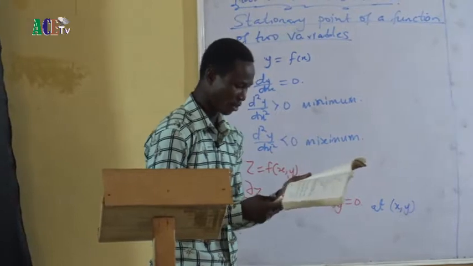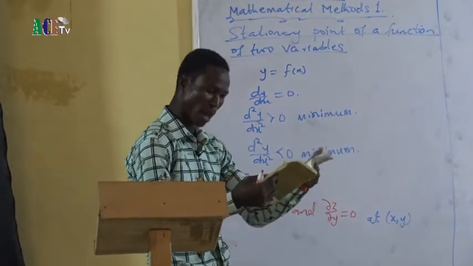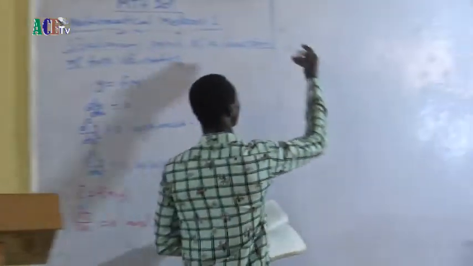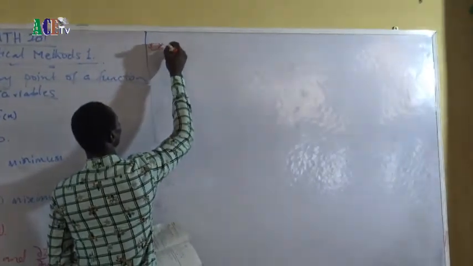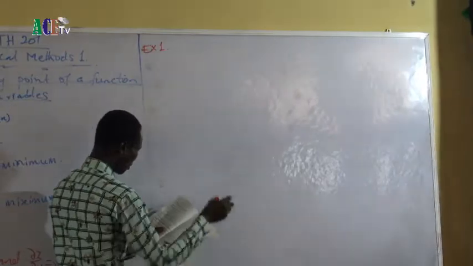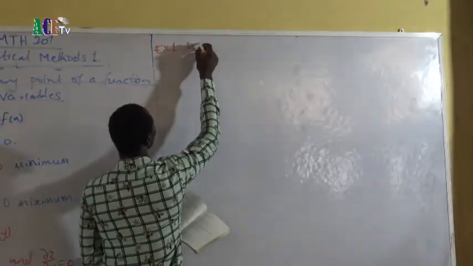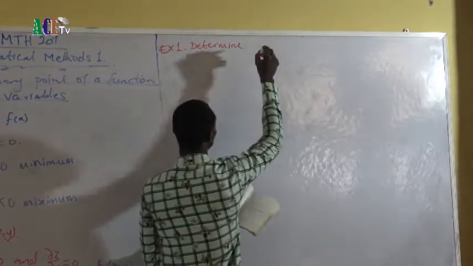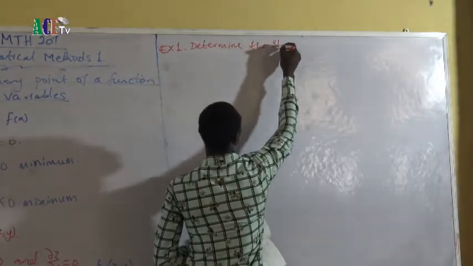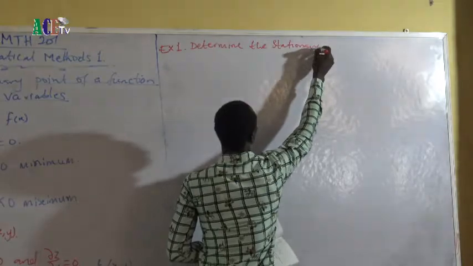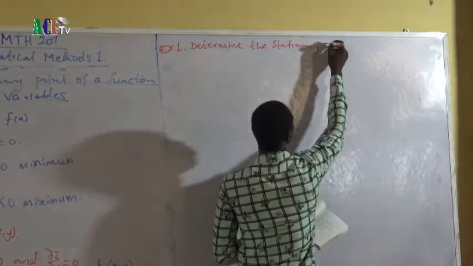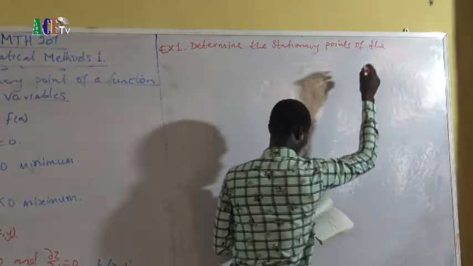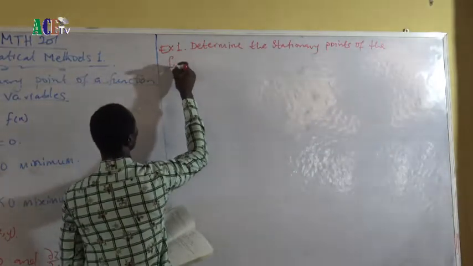And this is the question. We have a problem for ourselves here. The question says this. Example 1. Determine the stationary point of the function.